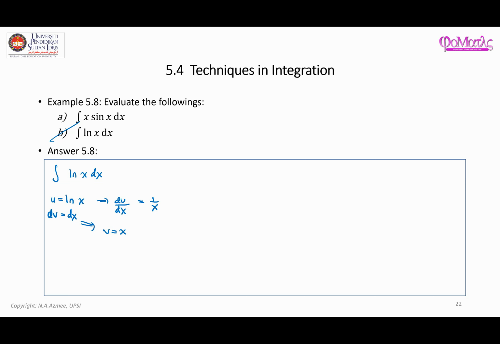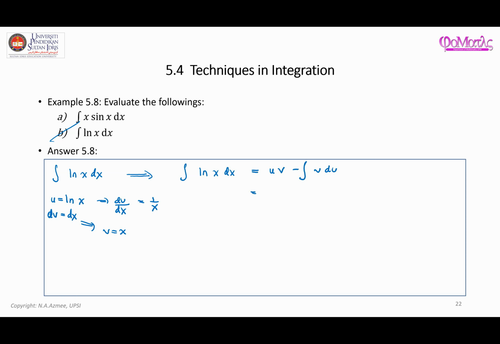Okay, so my job is now to replace this with uv minus the integral of v du. The integral of ln x dx can be found by substituting into uv minus the integral of v du.